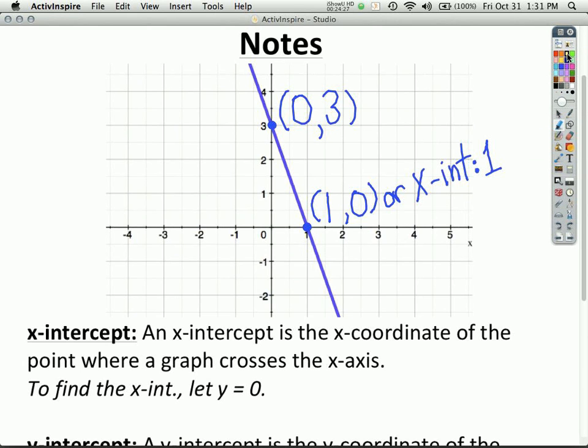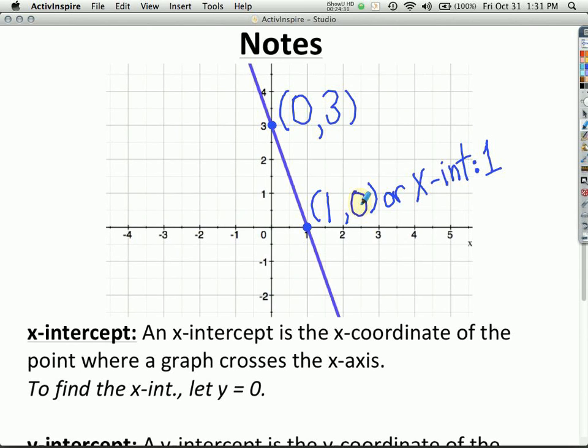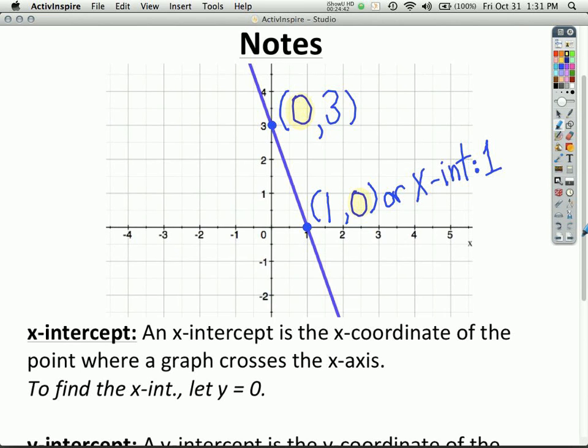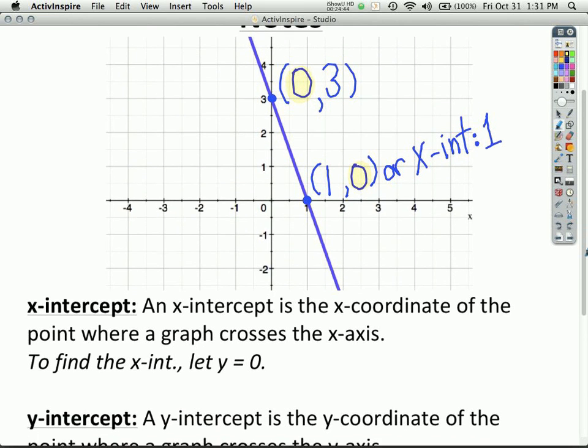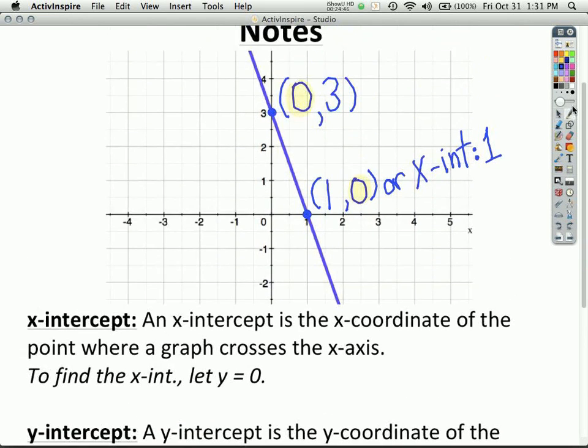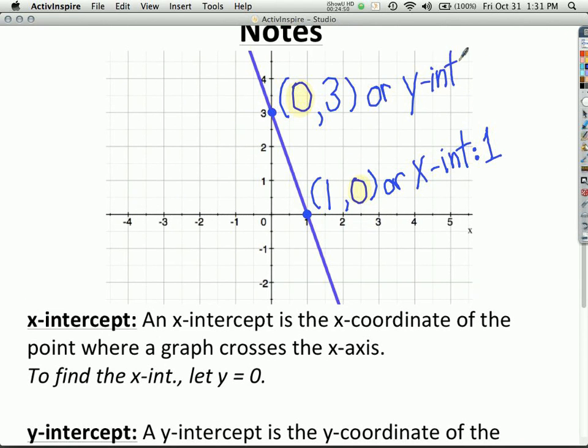The x-intercept has a 0 for the y, and the y-intercept has a 0 for the x. And that will actually be true for any x-intercept or y-intercept. So, that's what they are. Oh, and I'm sorry, the y-intercept could also be written as y-intercept is 3. Either way.